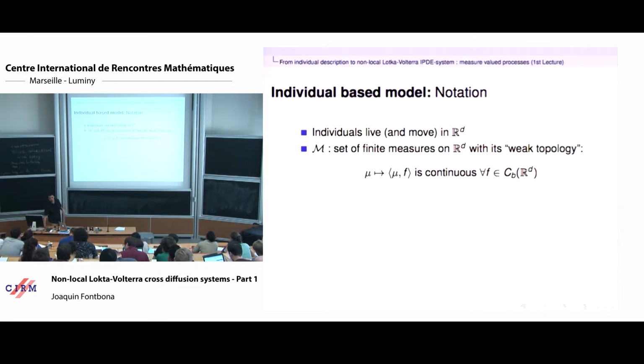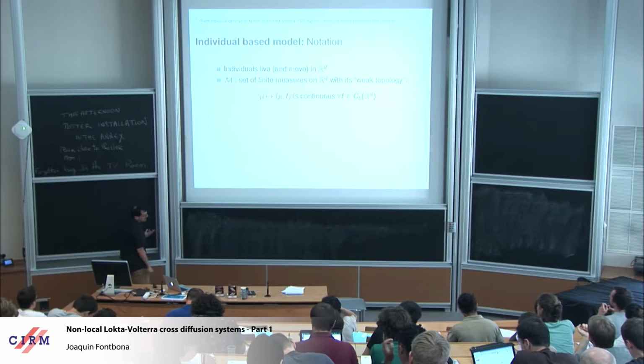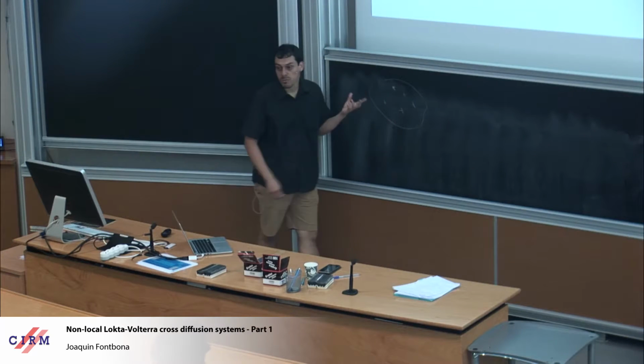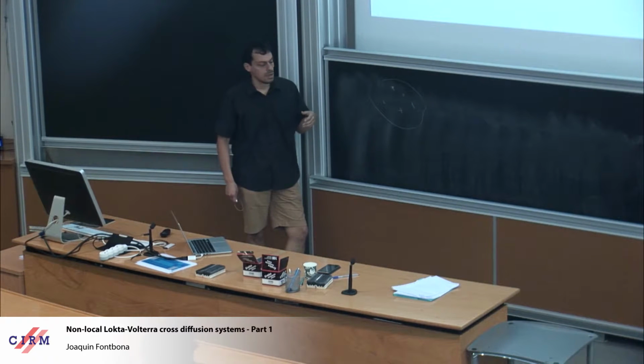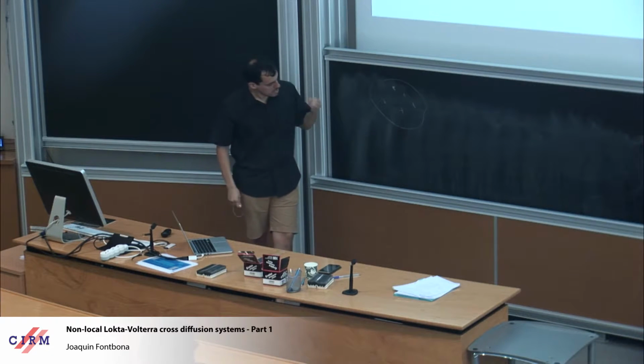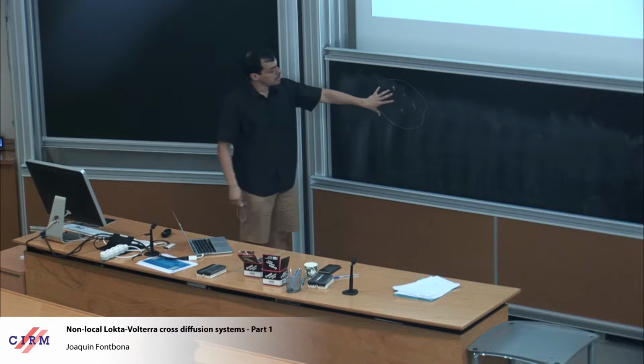Because the way I will be representing the population, in a mathematical way, will be using measures. You can imagine that I have several individuals in some spatial domain, and I will not really care about which individuals these are, but I will care about their positions. So it will be natural to represent the positions of the individuals, irrespective of which exact individual I'm talking about, using point measures.